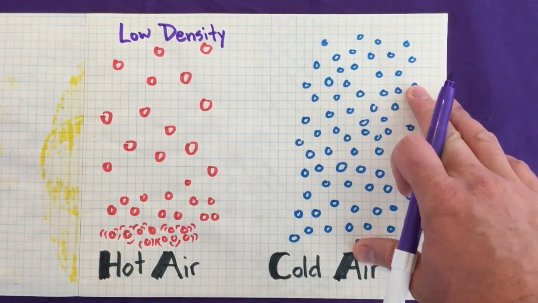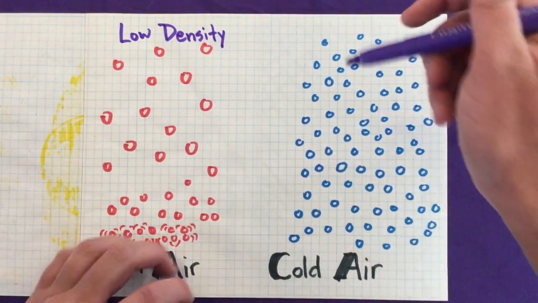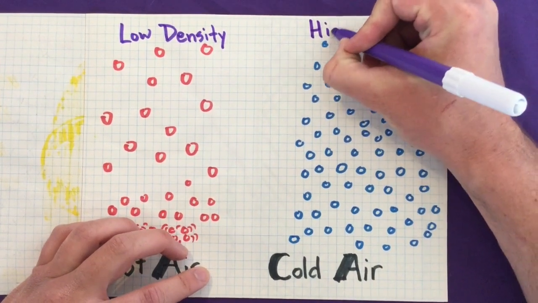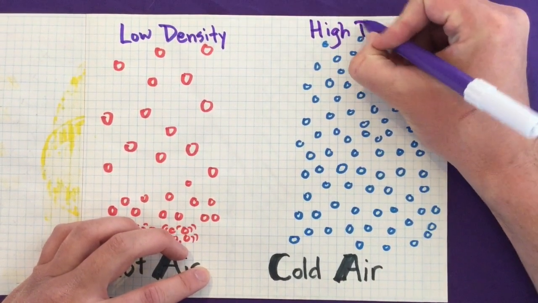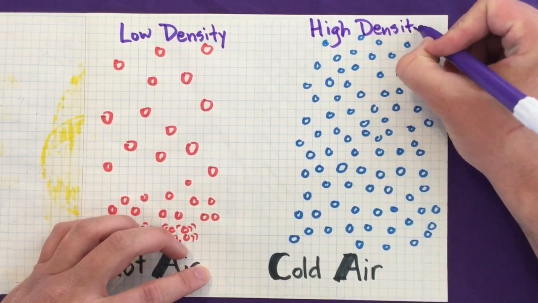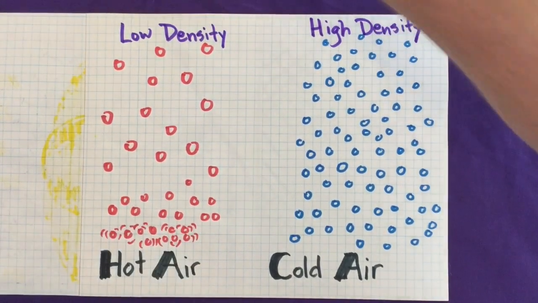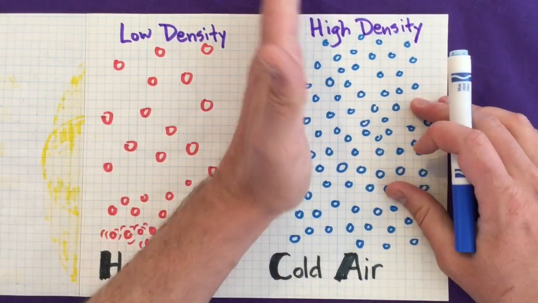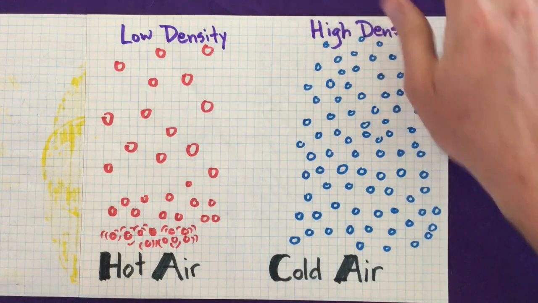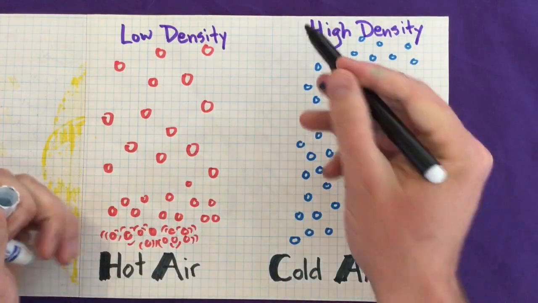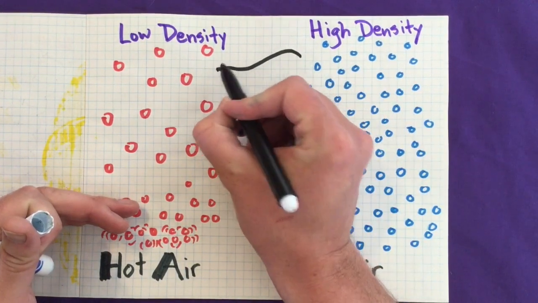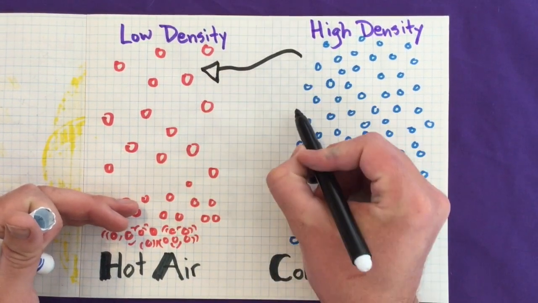Now here the cold air is actually experiencing high density. Now, in places where you have high density meeting low density, what's going to happen is that really dense compacted air is going to want to flow over to where there's space.